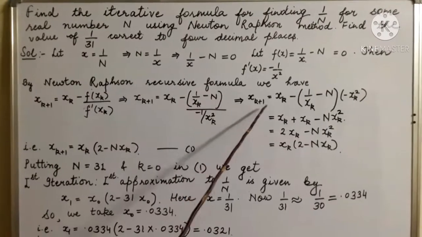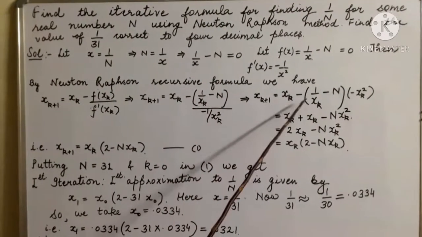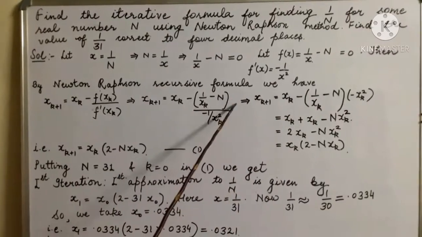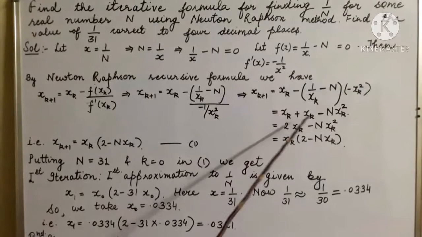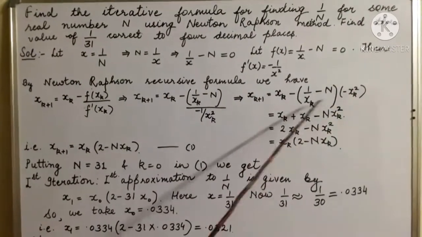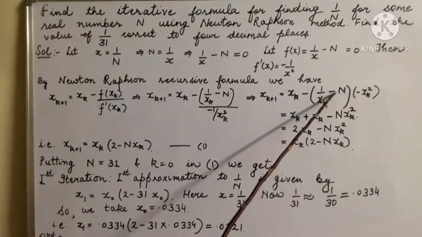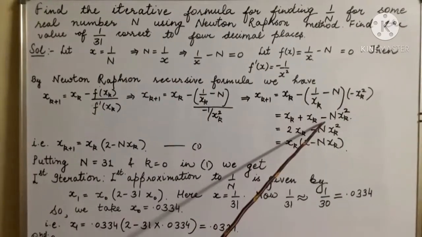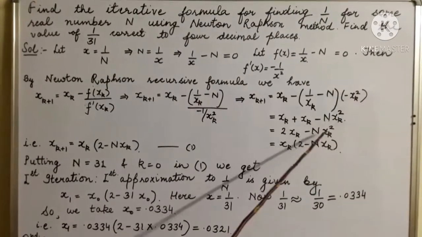It further implies x(k+1) is equal to, now we will solve this part, xk minus, this will go up, minus xk square into this. This will give you xk plus xk, only one xk will be left here, then minus minus plus, minus minus, N times N into xk square, right?